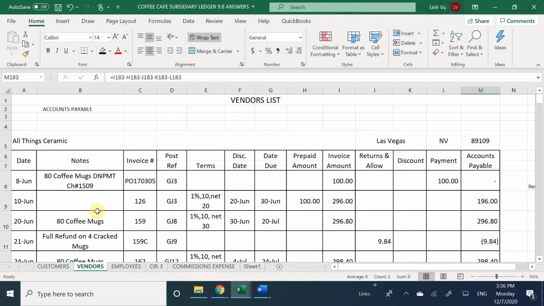So on 126, we have missed the date, and we are making the date on the 159 because it's today. So we only get the discount off of one.